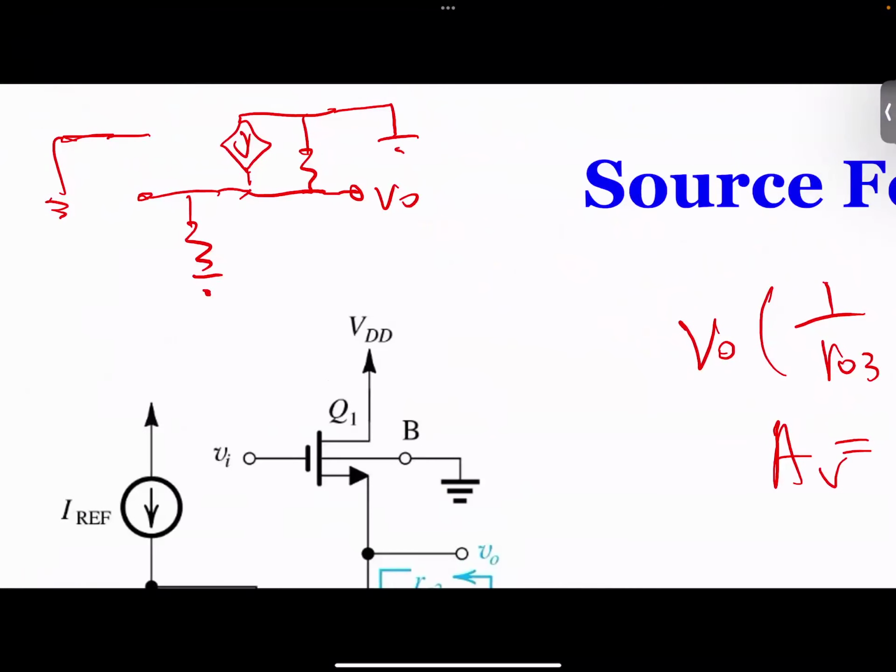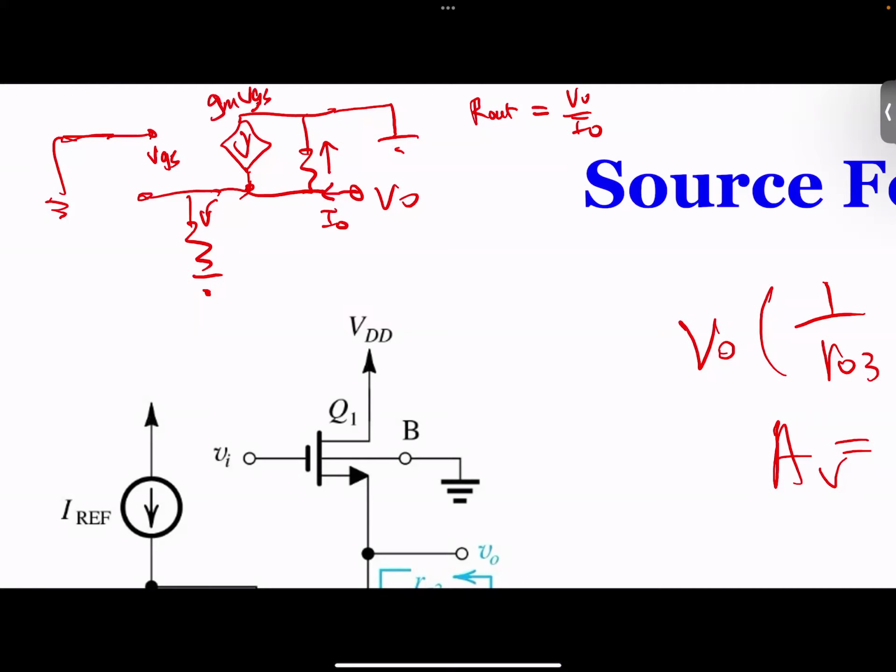So we need to short the circuit here, and then we can find IO, and our output resistance will be VO over IO. Now, IO, one current going this way, and a current going this way. Now this is ground, so this is VGS. This is GM times VGS.